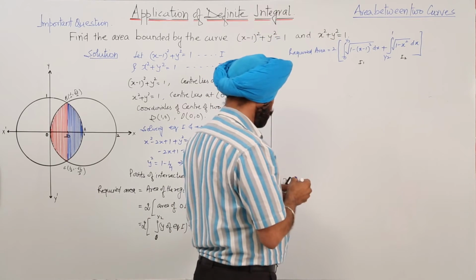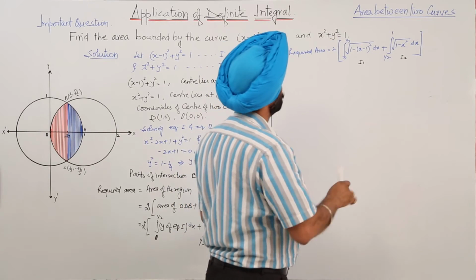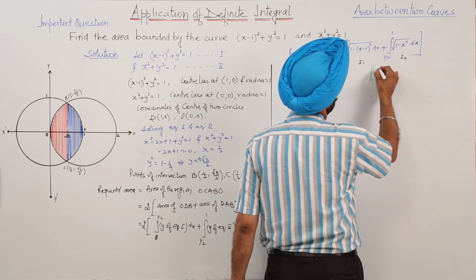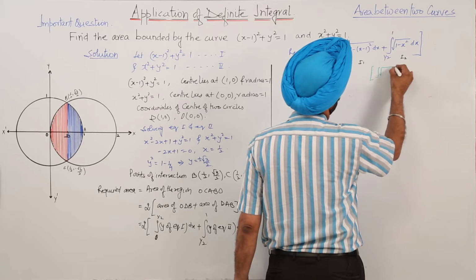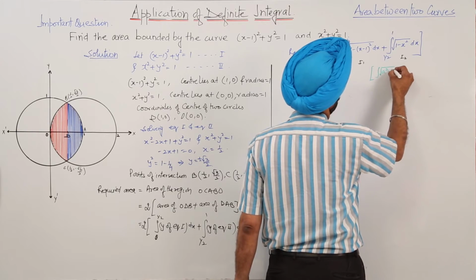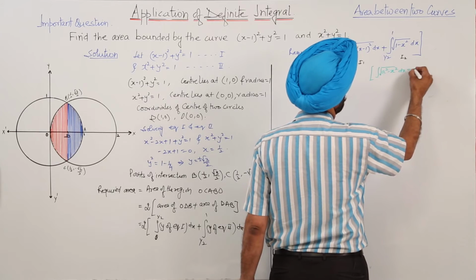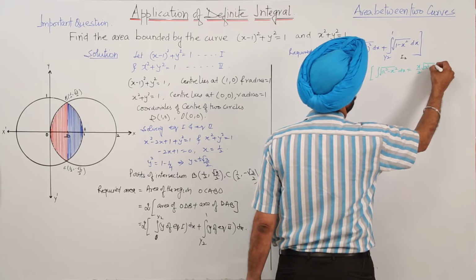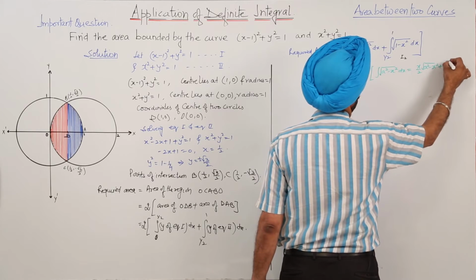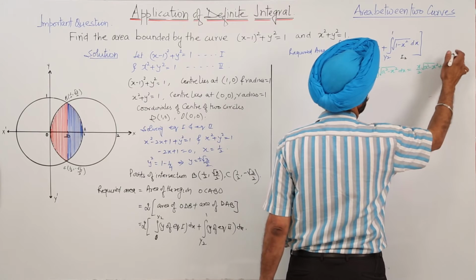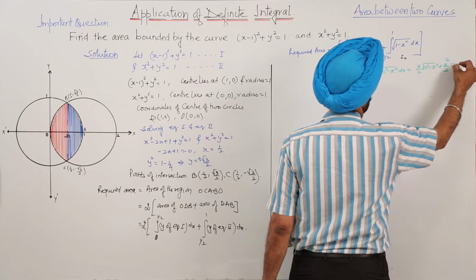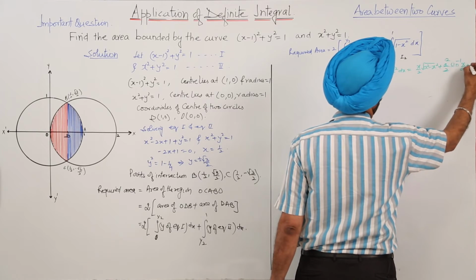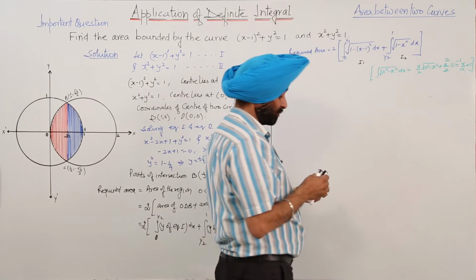Now we are going to use the formula: the integral of √(a² − x²) dx is equal to (x/2)√(a² − x²) + (a²/2) sin⁻¹(x/a) + c.